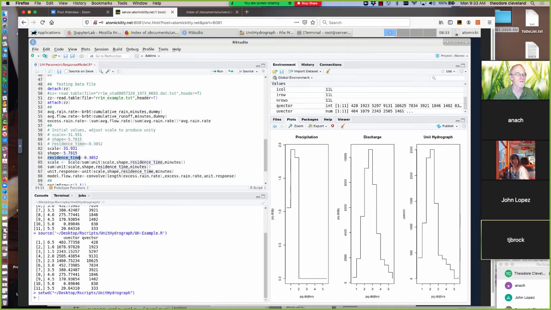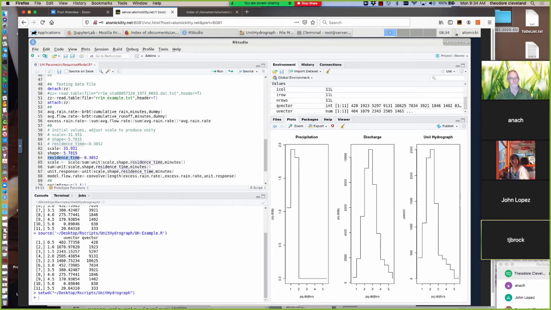So it uses the current value of scale, and it integrates the unit hydrograph. And then it adjusts the value of scale so that the unit hydrograph sums up to 1. So for long time series, this is a pretty useful activity. For short time series, for 15, it's kind of a hack.